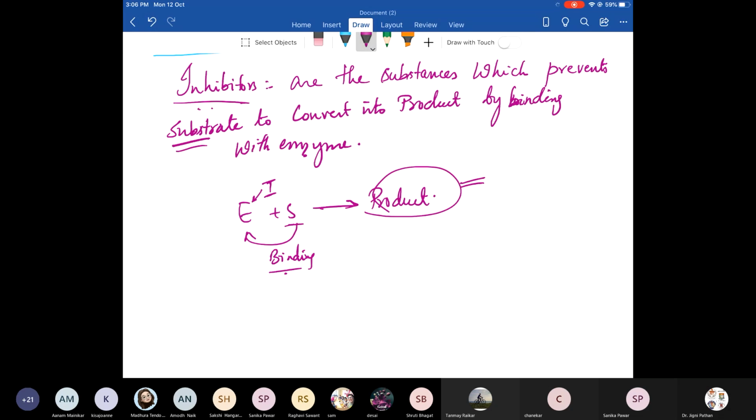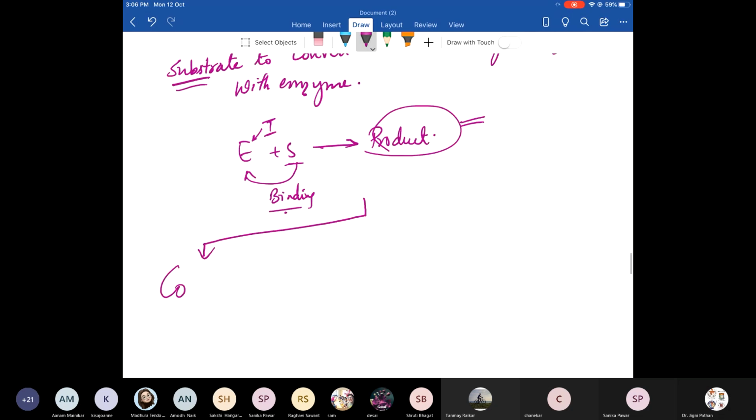Here you have two types of inhibitors. One is competitive inhibition, and the other is non-competitive.